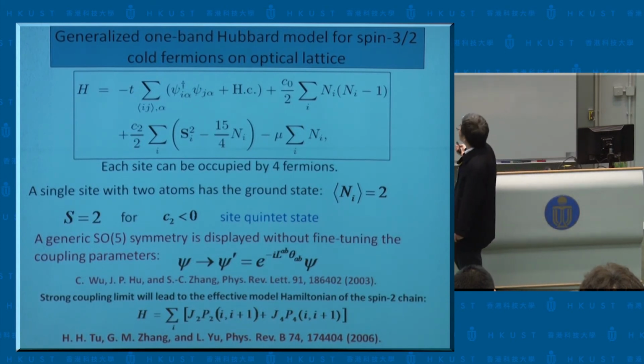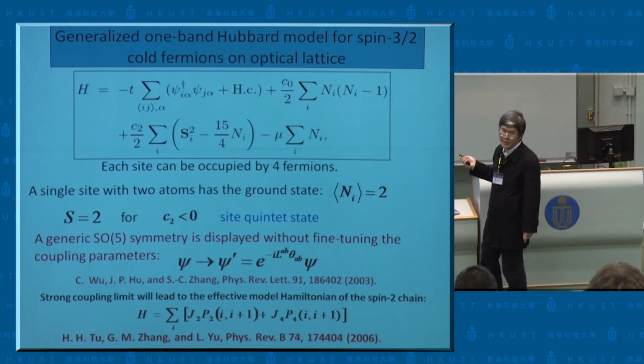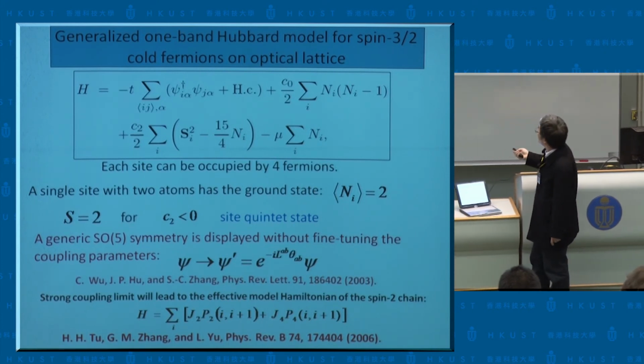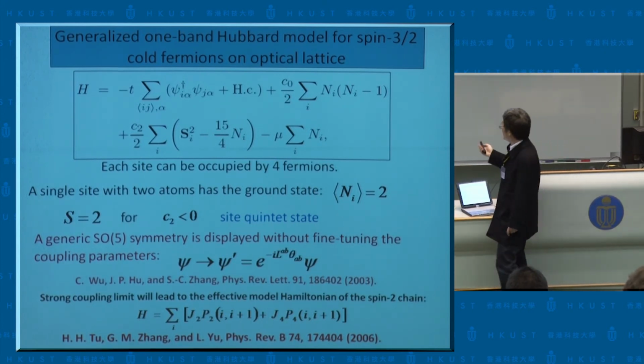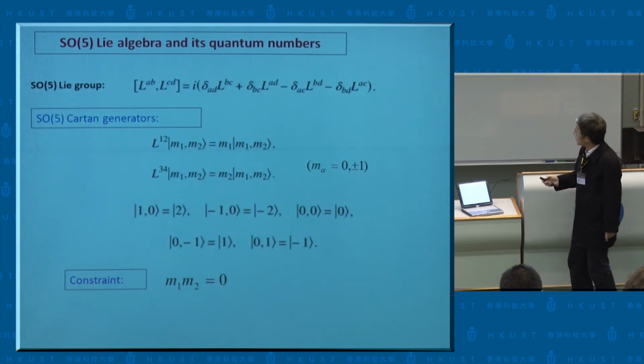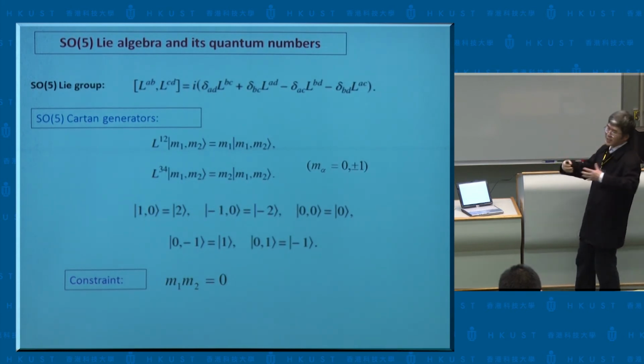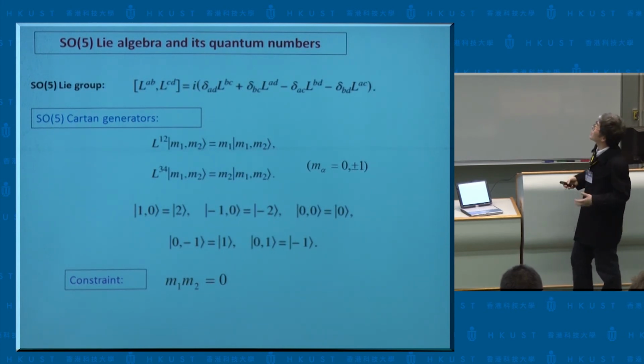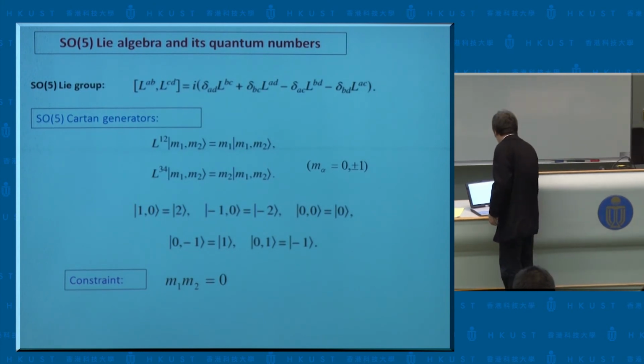The form of the Hamiltonian is similar to what we pointed out earlier. In this way, we can use this SO(5) representation to help us describe the ground state properties of this non-trivial gapped phase.